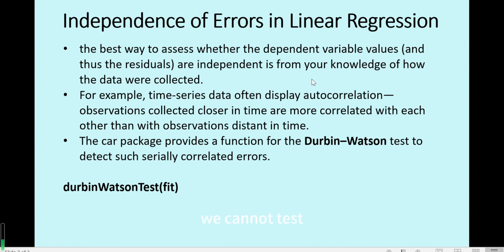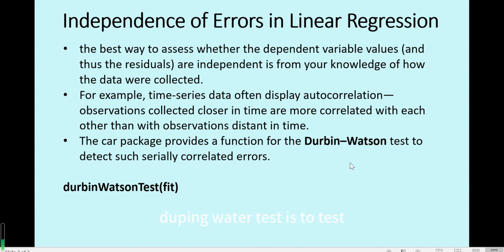And we cannot test the independence of each pair of residuals, right? Because there's only one item, one residual. But a general test for the independence of residuals is to test if there is some type of autocorrelation. So autocorrelation can usually be tested using a so-called Durbin-Watson test.